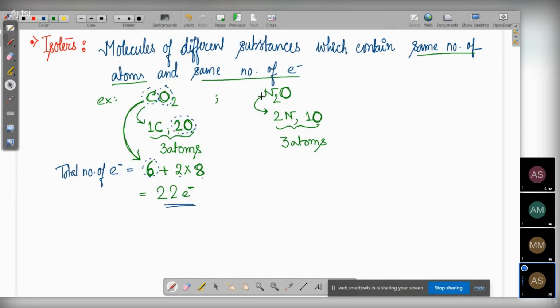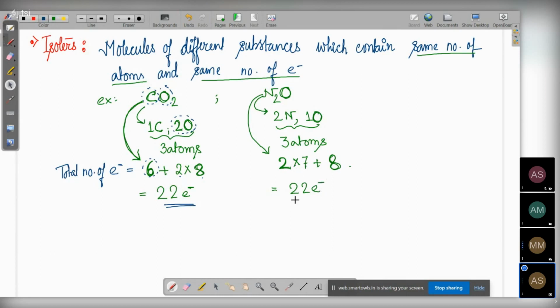Now let's see for N2O. What is the atomic number of nitrogen? 7. How many nitrogens are there? 2, so 2 into 7. How many oxygens are there? 1, and oxygen has 8 electrons because its atomic number is 8. So here also you get 22 electrons.